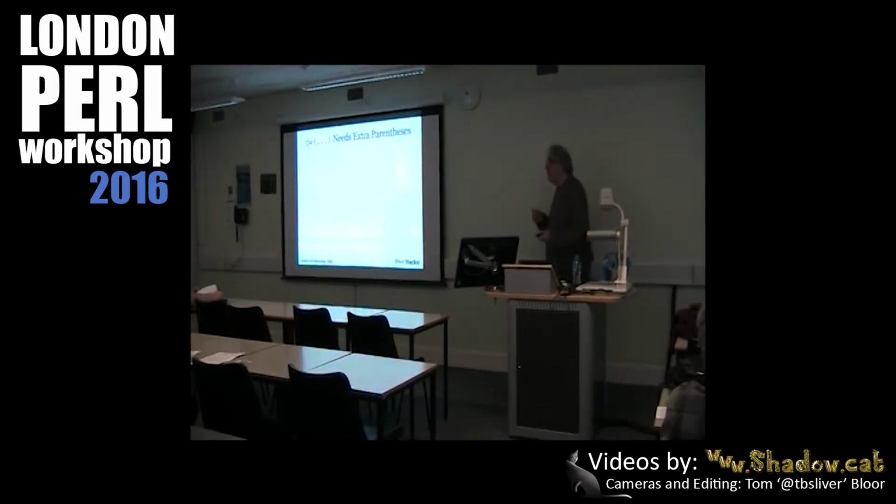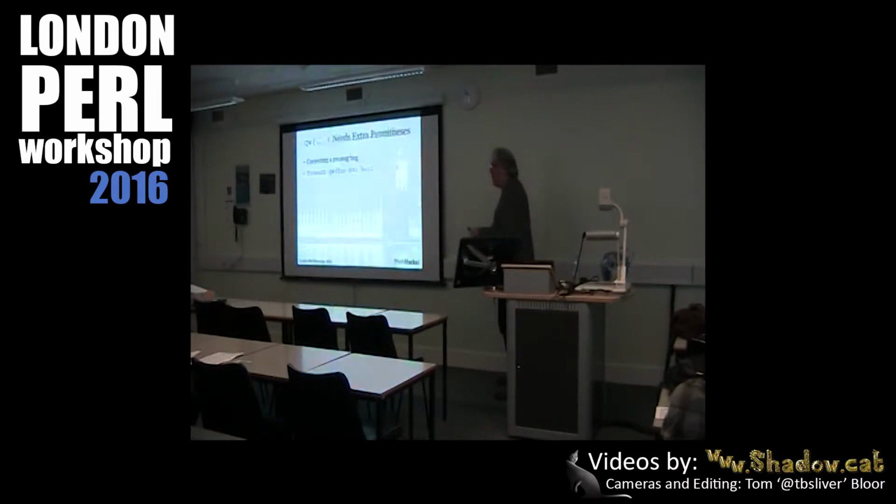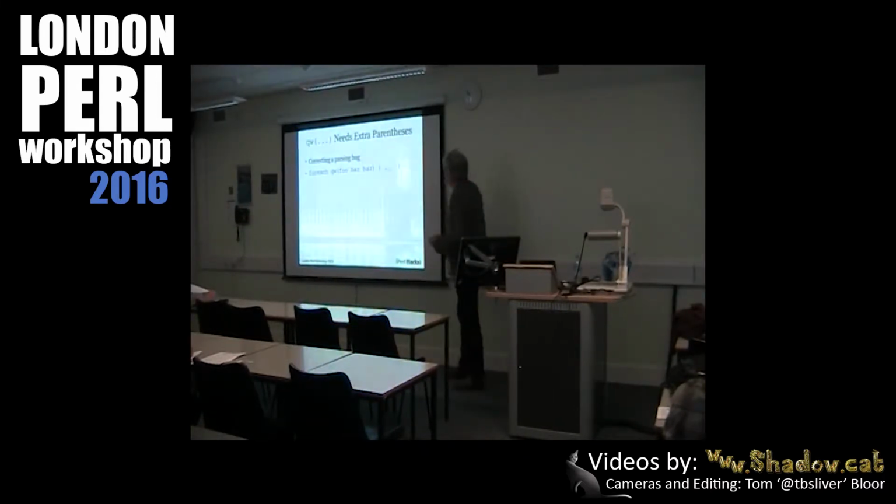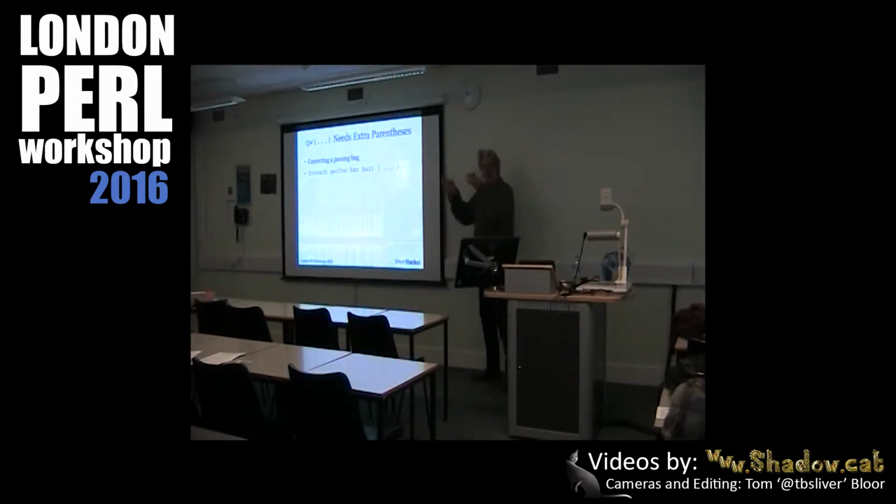QW. Oh, this is fixing a little parsing glitch in Perl. So up until Perl 5.18, you could write code like this: foreach qw(foo bar baz). But actually, that's wrong, because qw is an operator that creates a list, and then you need brackets around that in order for the foreach to work.